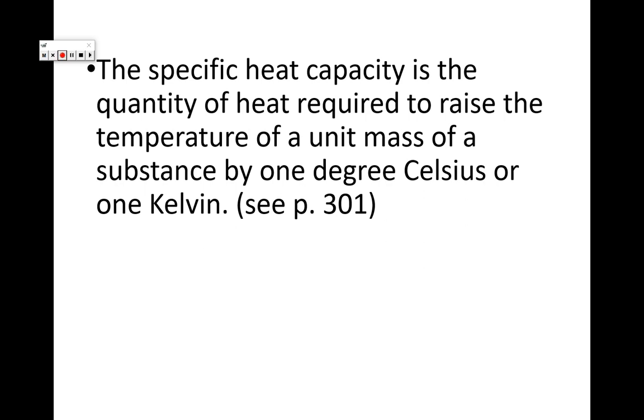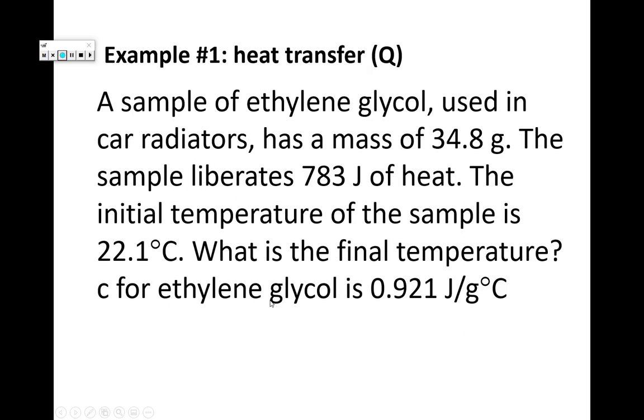Specific heat capacity is how much energy it takes to change 1 gram of something by 1 degree Celsius. So the more energy it takes, the more resistant the substance is to energy change. And the units used are joules per gram degree Celsius.